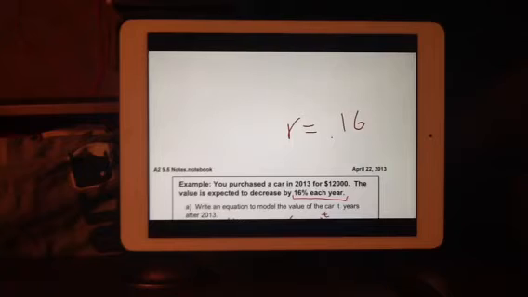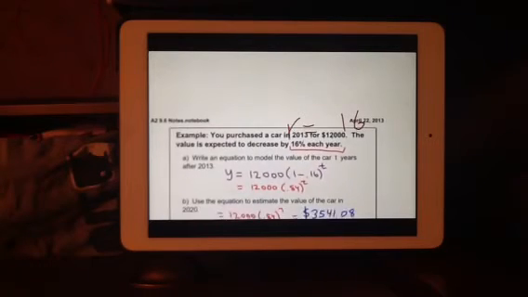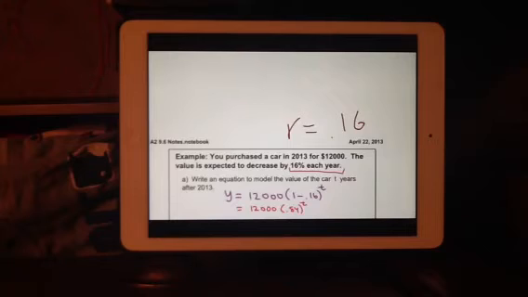I don't have a stylus, I'm using my finger there. The r value is 0.16, and since it's decreasing, this is the decay example, so we use the starting value times 1 minus the r value. So 1 minus 0.16 gets us 0.84. That's our equation there in red.